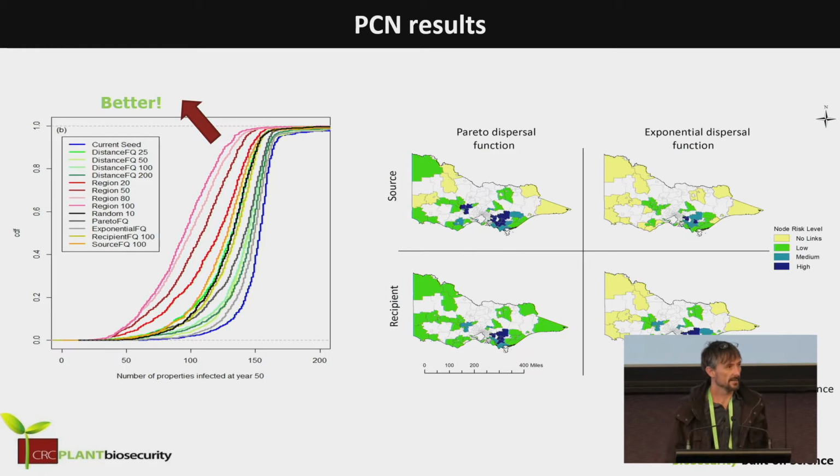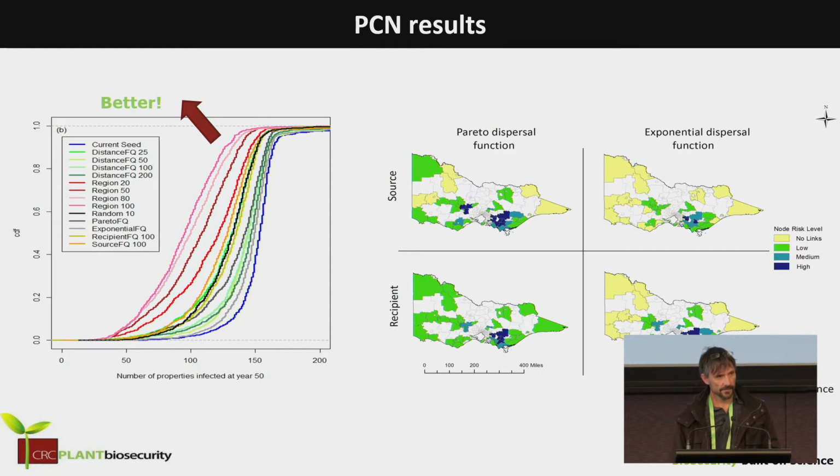That's the current surveillance, which is only on seed potato, a certain proportion of seed potato, I believe. And then all of the other lines are saying, well, what if we did a bit of extra surveillance? What would happen? And so across the bottom, the x-axis is the number of properties infected after 50 years, and then there's probability showing up the side. So basically any kind of surveillance strategy shifts it across to the left, improves results.